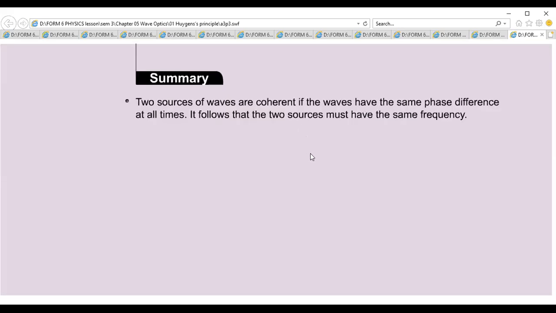Two sources of waves are coherent if the waves have the same phase difference at all times. It follows that the two sources must have the same frequency, same phase, or a constant phase difference.